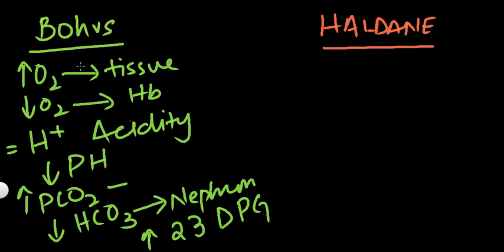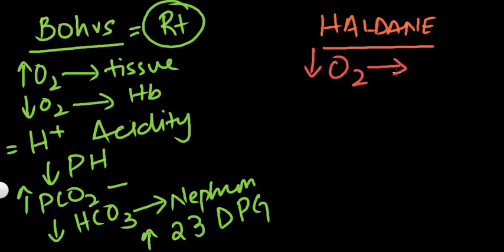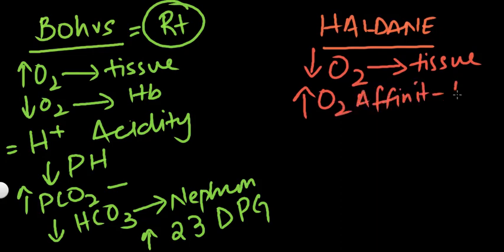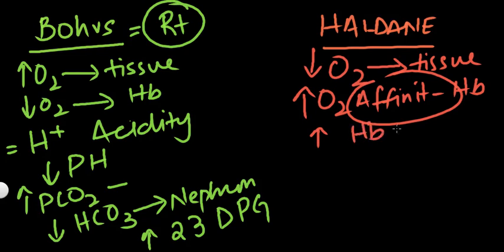Okay, this is known as your right shift, and here you have less oxygen affinity towards your tissues, more oxygen affinity towards your hemoglobin. Affinity here means that there is more willingness to attach, or more love between the hemoglobin and your oxygen.